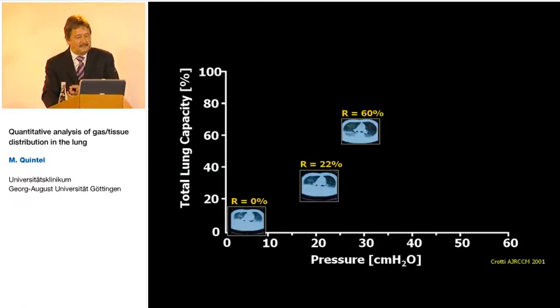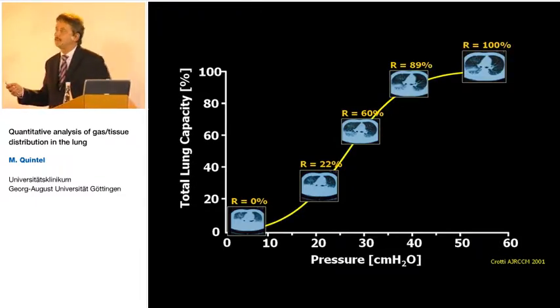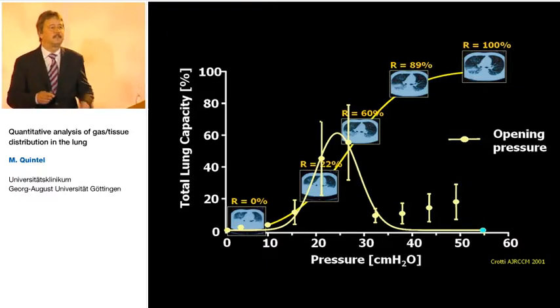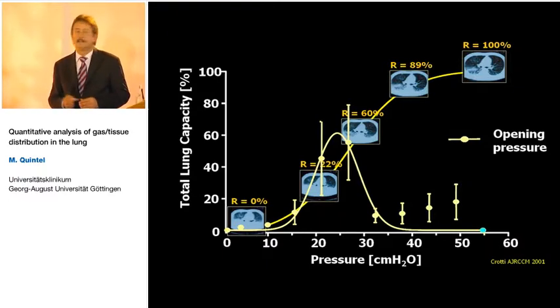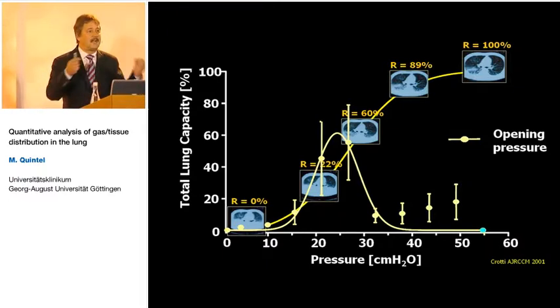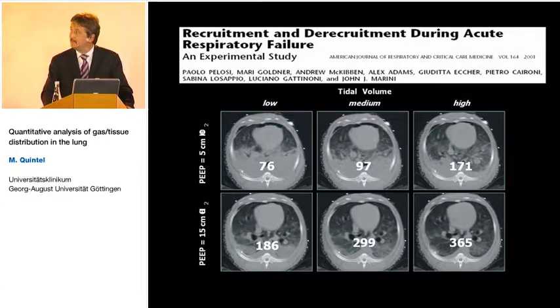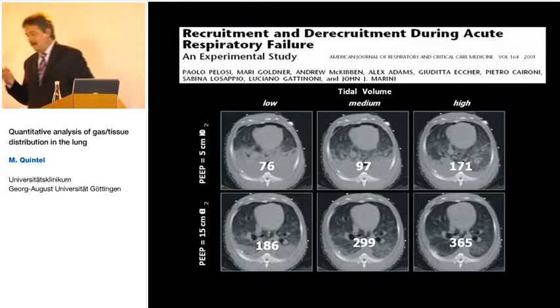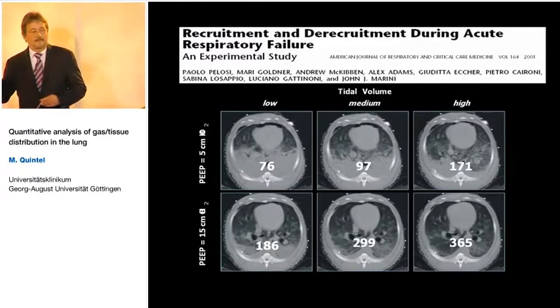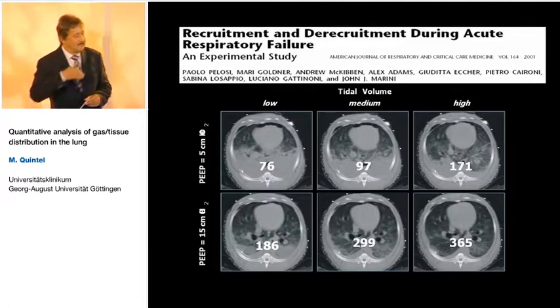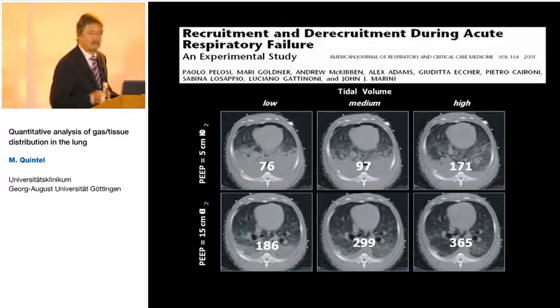You have already seen this. You can show along the pressure volume curve there is recruitment. There is even recruitment above the upper inflection point, going up to the total lung capacity, and this has been clearly demonstrated by CT scanning. We have also learned from this study from our friend Paolo Pelosi that tidal volume recruits.